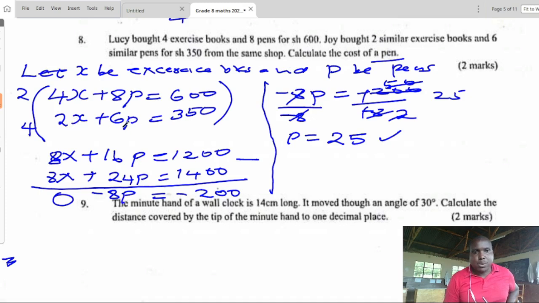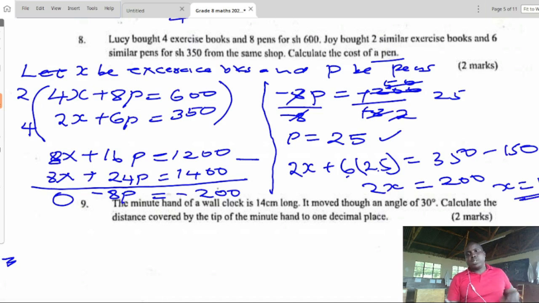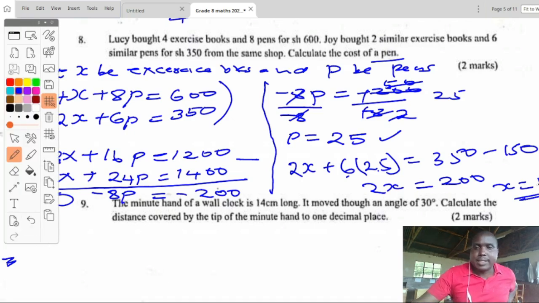So you substitute, for example, in this equation: 2X plus 6 times P, which is 25, equals 350. 6 times 25 is 150, so you subtract: 350 minus 150, so 2X is equal to 200. So X is equal to 100. So one exercise book is sold at 100 shillings, although we were not asked to calculate that.